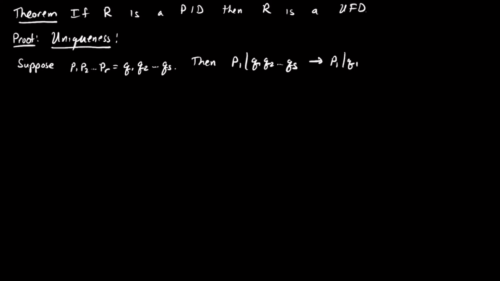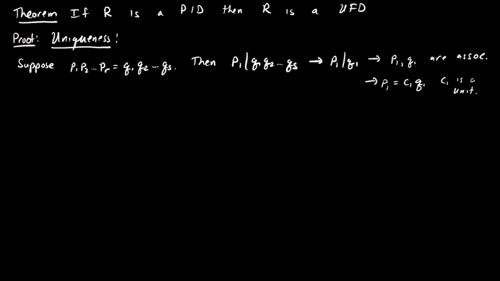But what does this tell me? If I have an irreducible that divides another irreducible, then P1 and Q1 are associates. That tells me that P1 is equal to C1 times Q1, where C1 is a unit.